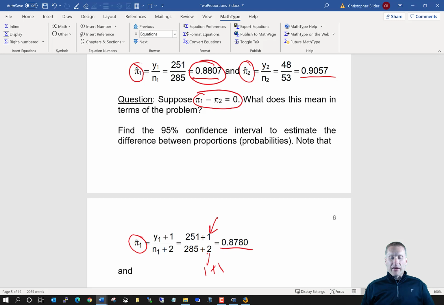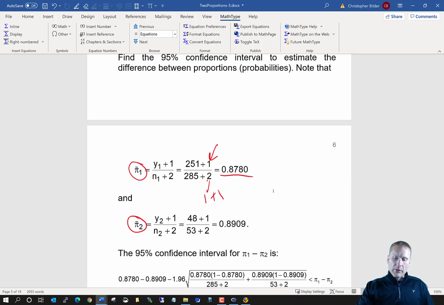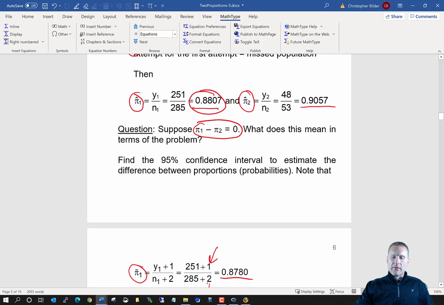We can see that this value is a little bit lower than what we had before. Pi tilde 2 is 0.8909 now. Again, it's a little bit lower. And this corresponds to what we saw for the Agresti-Coull interval, where this adjustment causes these estimated probabilities of success to be less extreme, meaning farther away from 1 or farther away from 0 than what the hat estimates actually end up giving you.